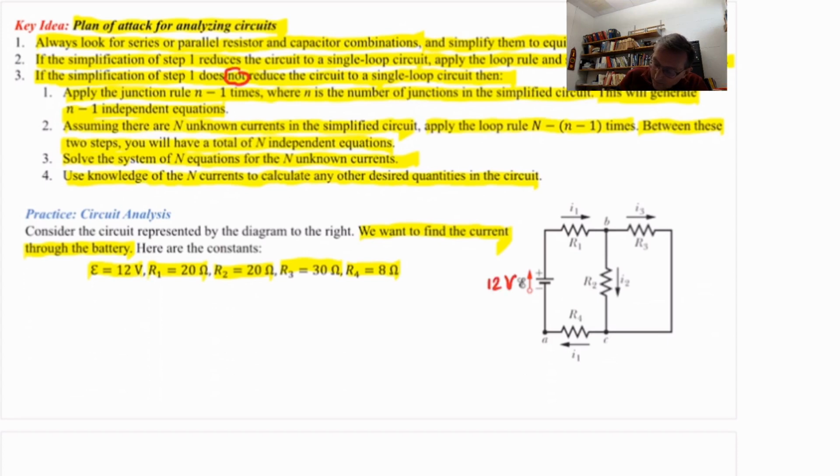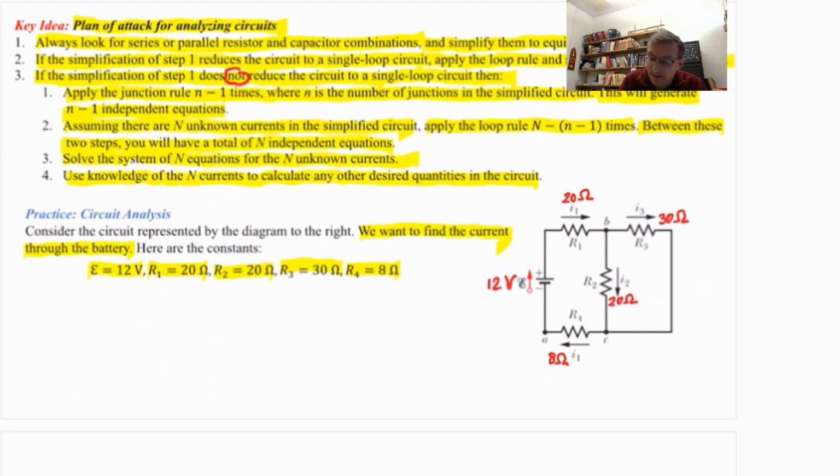R1, 20 ohms. R2, 20 ohms. R3, 30 ohms. And R4, down here, 8 ohms. Our job is to find the current through the battery.